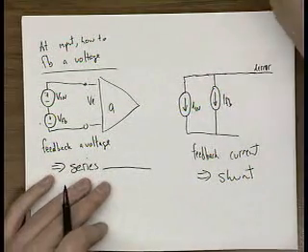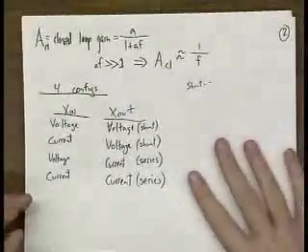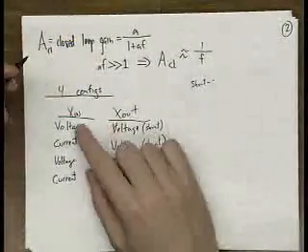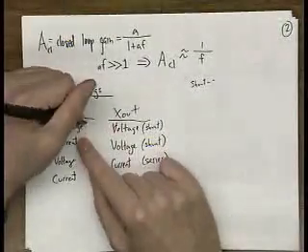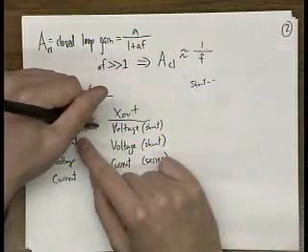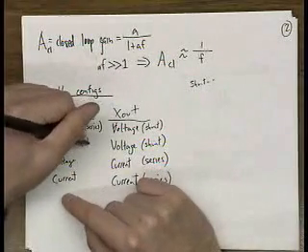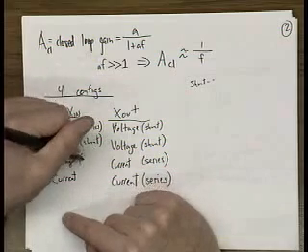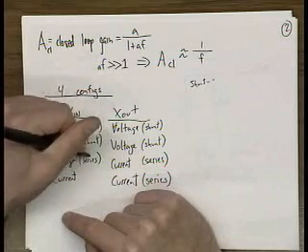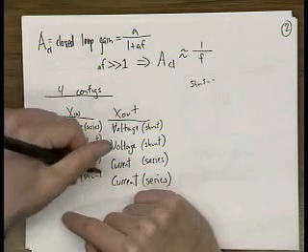Okay. So going back to our four configurations. I said if you feed back a voltage, it's series. Current is shunt. Voltage is series. Current is shunt.